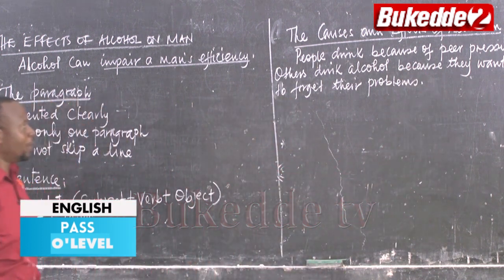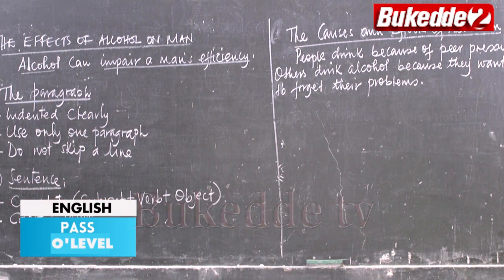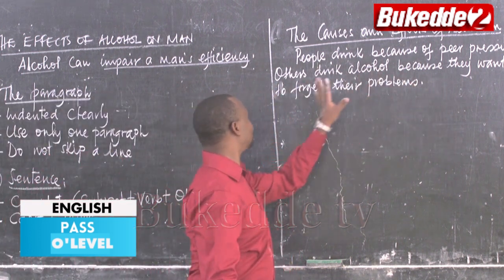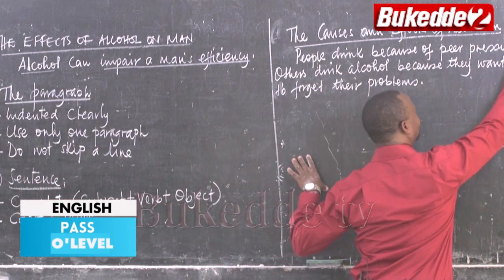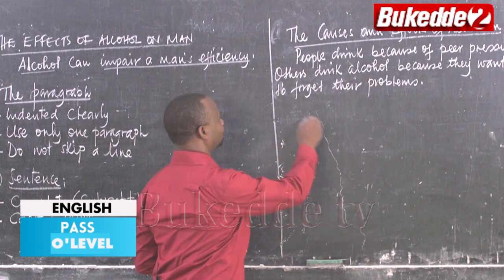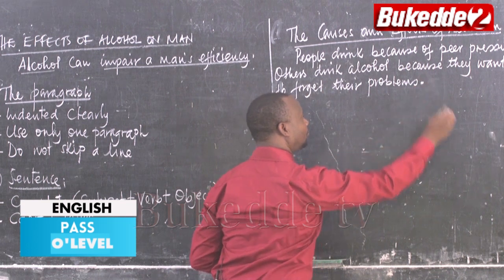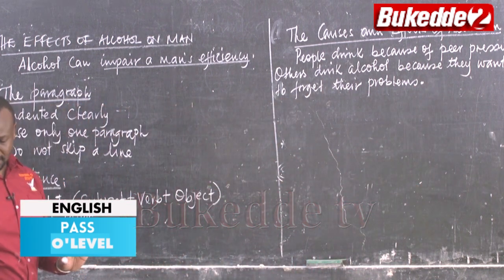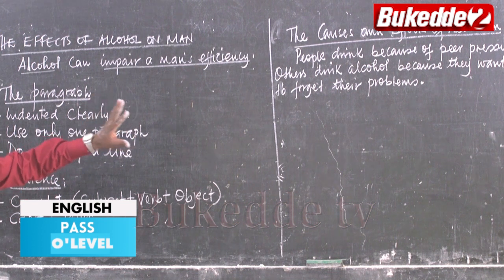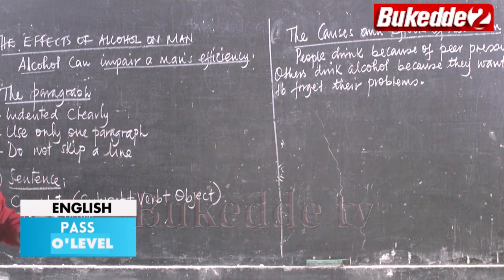Okay? Now, we have two sentences there, and each of them is an independent sentence. People drink because of peer pressure. Full stop. Others drink alcohol because they want to forget their problems. Now, those are two independent sentences, and they are mentioning independent points.